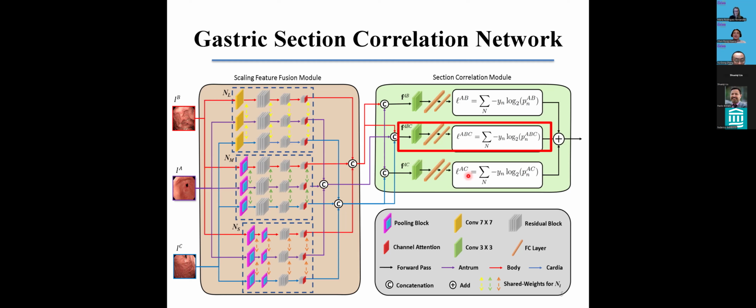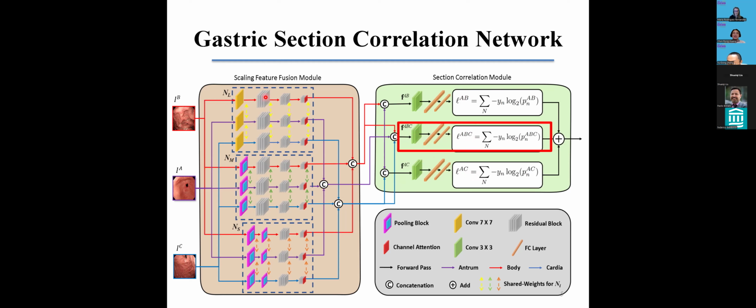After the design based on the equation we showed above for the CGI, we also consider the correlations of all 3 gastric sections. So we develop another loss function and another subnetwork in the section correlation module to consider the features from entrance, body, and cardia simultaneously to compute the CGI. So this is the section correlation module.